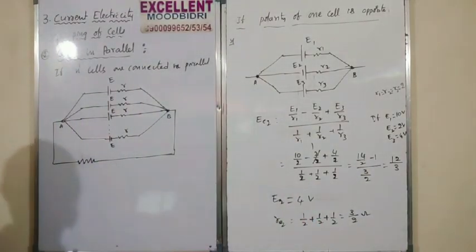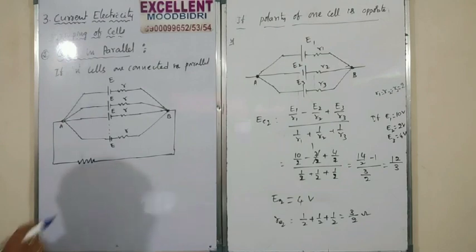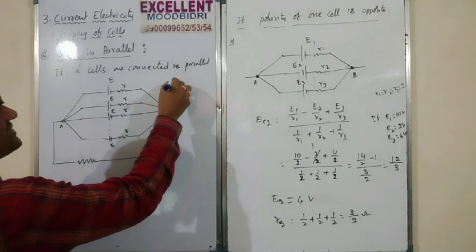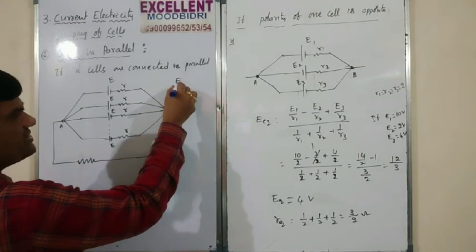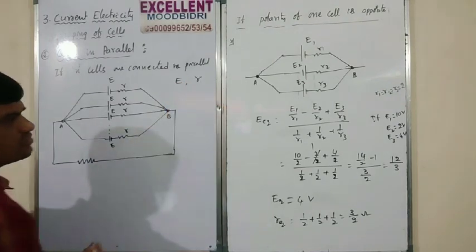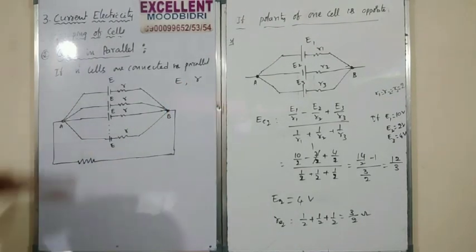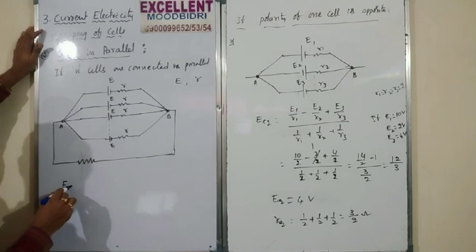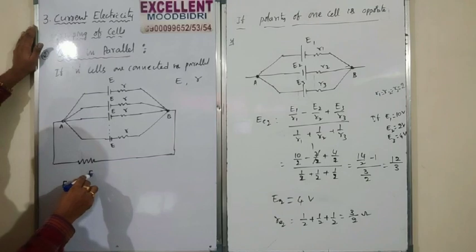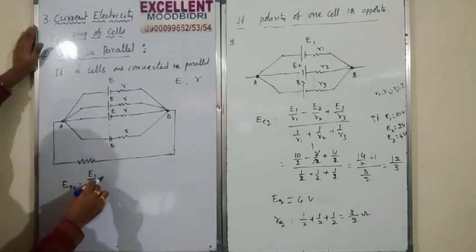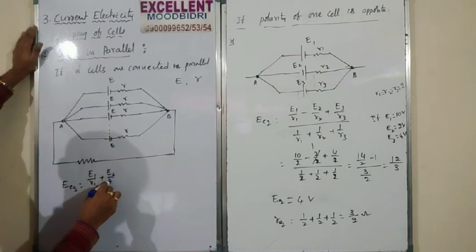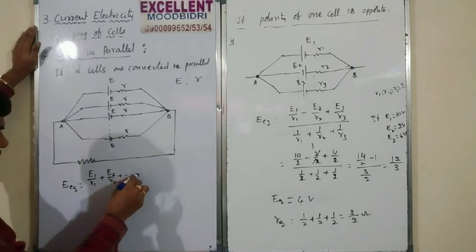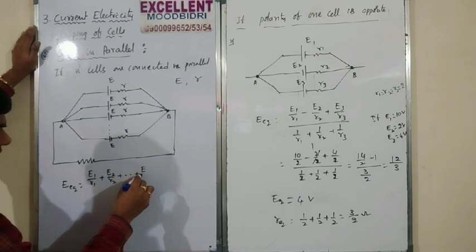So now N cells are there, connected in parallel combination. Each cell EMF is equal to E. Each cell internal resistance is equal to R. Then E equivalent is equal to how much? The formula you know: E1 by R1 plus E2 by R2 plus so on, En by Rn.